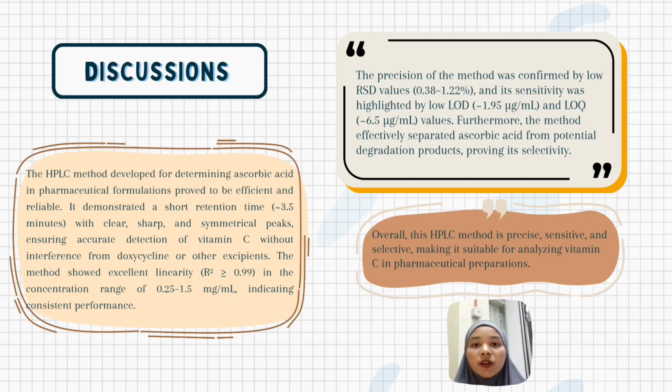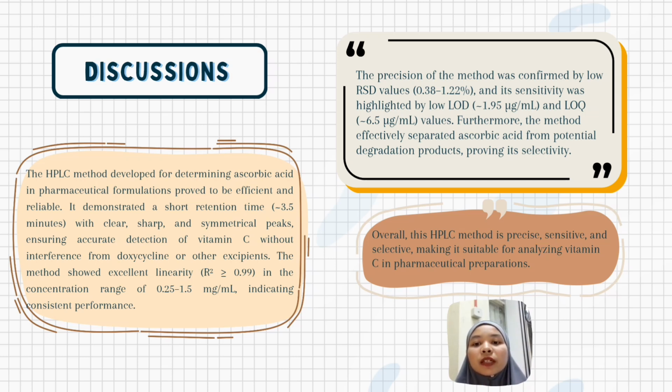So the discussion for this analysis: the HPLC method developed for determining ascorbic acid in pharmaceutical formulations proved to be efficient and reliable. It demonstrated short retention times, ensuring accurate detection of vitamin C without interference from doxycycline or other excipients. The method showed excellent linearity in the concentration range of 0.25 until 1.5 mg per ml, indicating consistent performance.